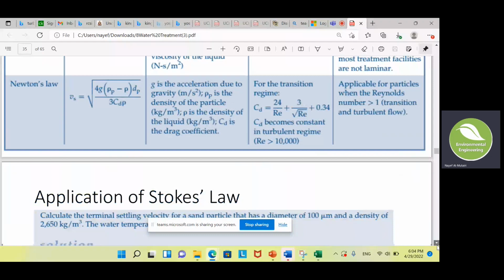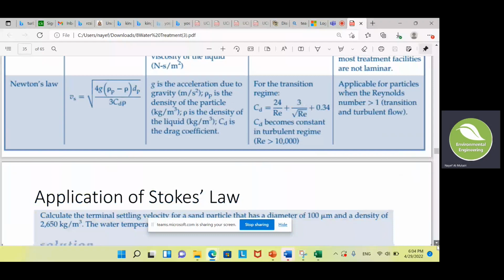After iteration, we assume the settling velocity 97.1, and then we find the Reynolds number, CD, and the settling velocity, and then we do the same thing again, find the Reynolds number, and keep going until we find the actual real settling velocity for this type of particle.